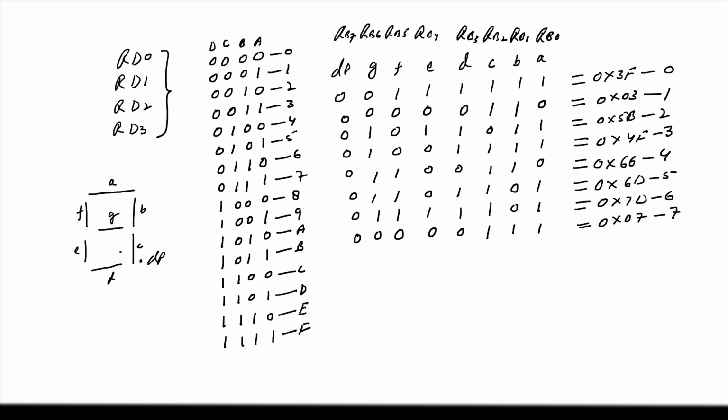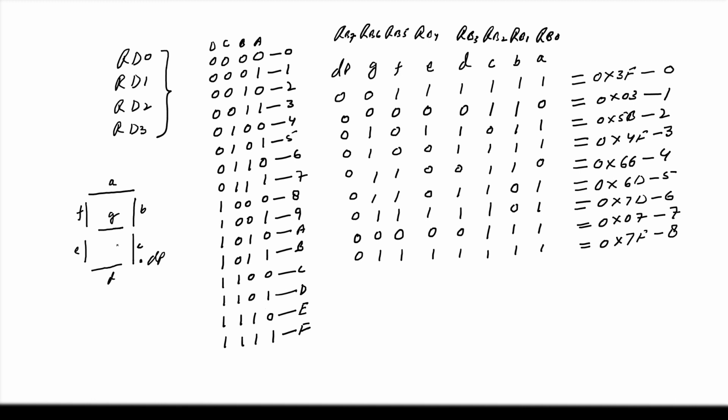To display the number 8, all segments will be on and the dot point will be off. So we can write, and the equivalent hex number is 7F, that is 0x7F, and it will display the number 8.